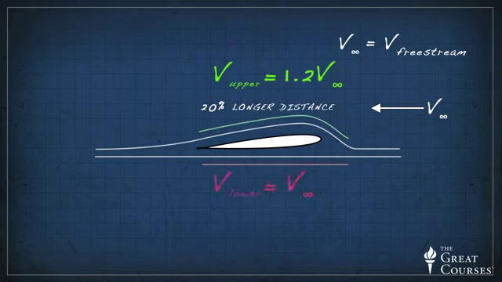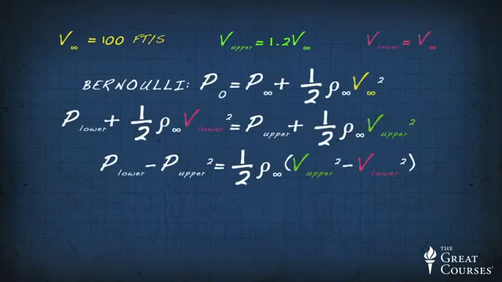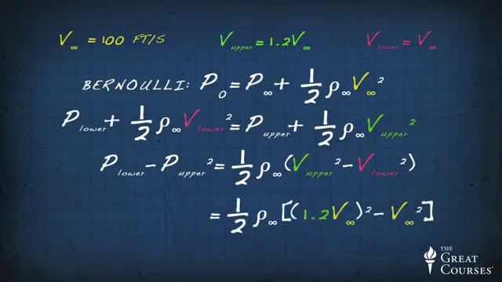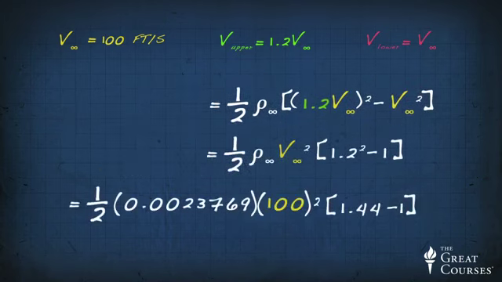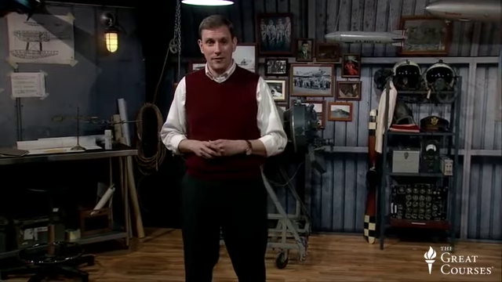If we take a free stream velocity of 100 feet per second with standard sea level density and pressure and apply Bernoulli, an average velocity ratio of 1.2 would lead to an average pressure difference between the upper and lower surfaces of 5 pounds per square foot. With a 6-inch long airfoil, this gives just 2.5 pounds of force on this airfoil. However, experiments and computations of this airfoil geometry under these conditions show that the lift is actually more, about 6 pounds. Clearly, something isn't right.